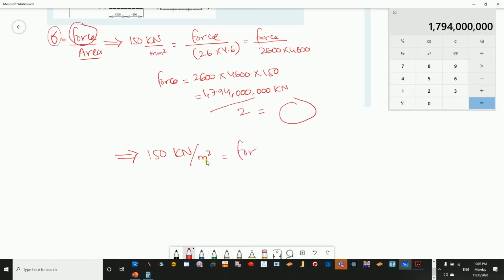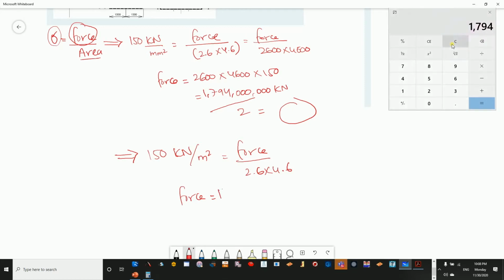then it's going to be equal to the force: 150 multiplied by 2.6 multiplied by 4.6.